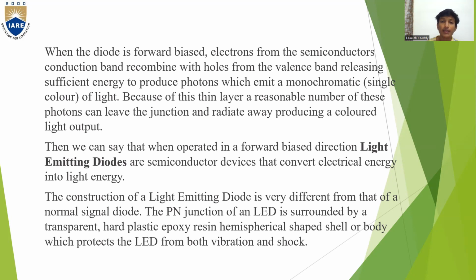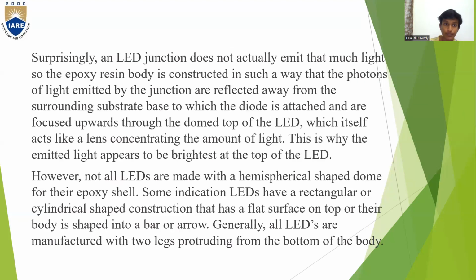The construction of a light emitting diode is very different from that of a normal signal diode. The PN junction of an LED is surrounded by a transparent, hard plastic epoxy resin hemispherical shaped shell or body, which protects the LED from both vibration and shock. Surprisingly, an LED junction does not actually emit that much light.